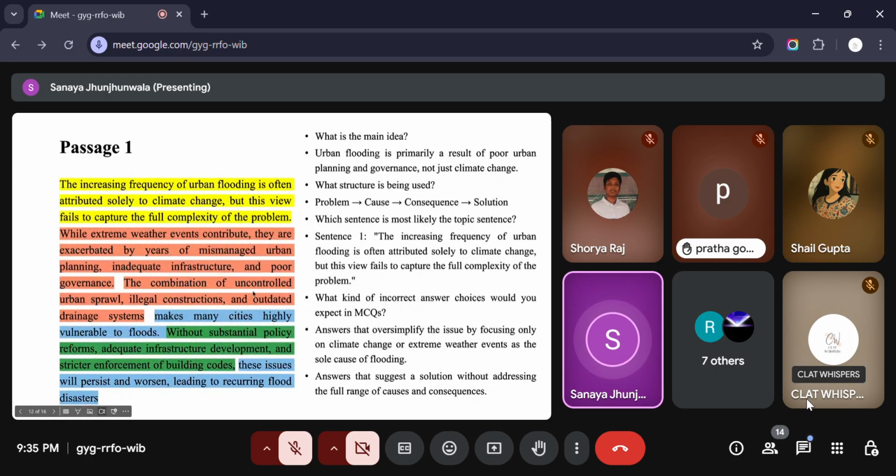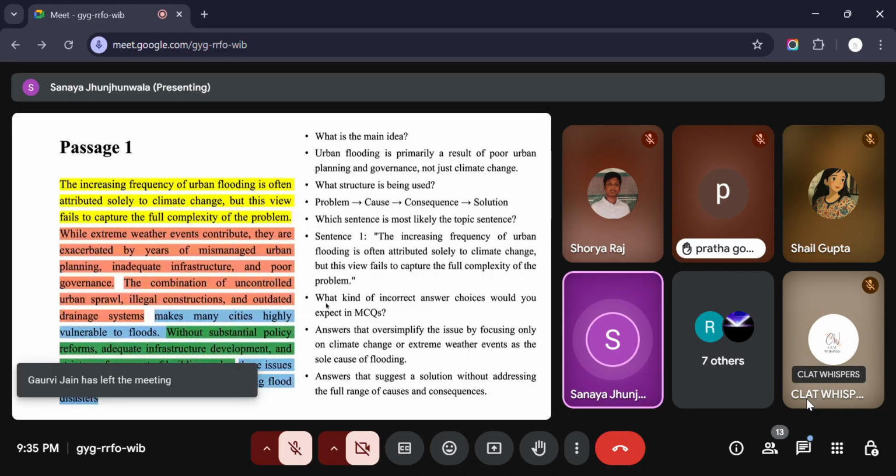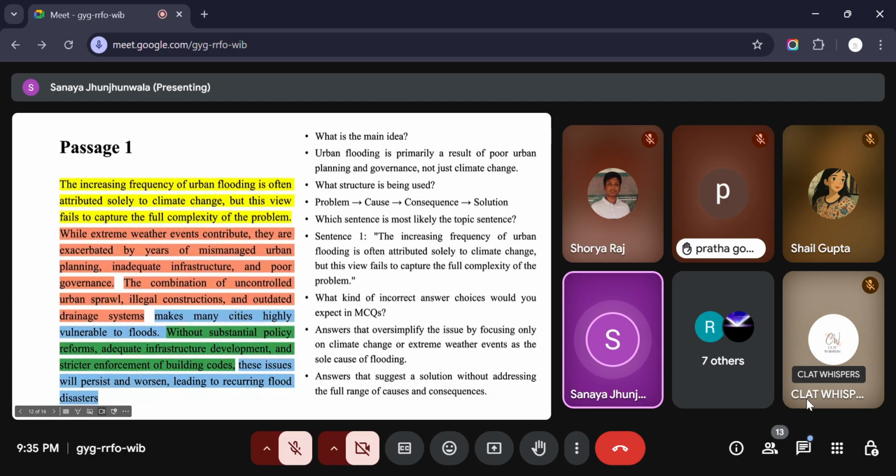So consequence is anything that is marked in blue, okay? And solution is without substantial policy reforms, adequate infrastructure development, and stricter enforcement of building codes. So when you are seeing this, the main thing I wanted you guys to see is that always the solution is not given directly.